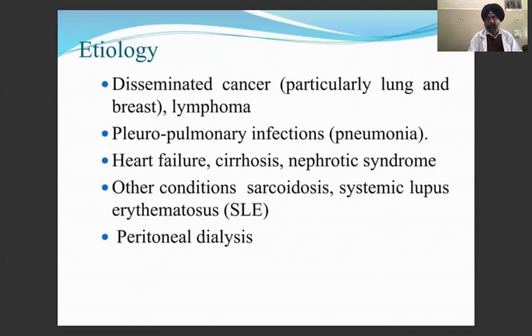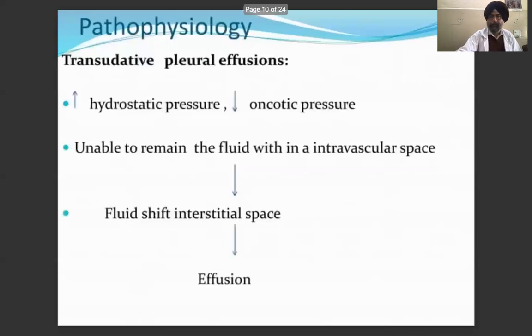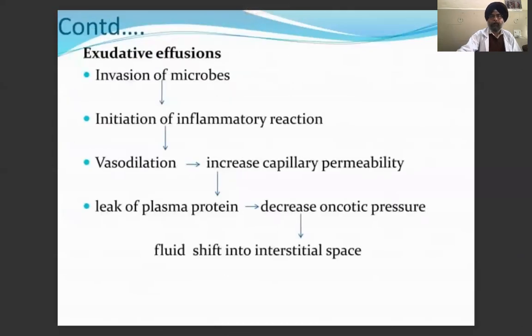But if the patient has increased chest pain, we can suspect that it has converted from a pulmonary embolism associated pleural effusion to hemothorax. Then another cause which I already told is peritoneal dialysis. We already told about this mechanism.